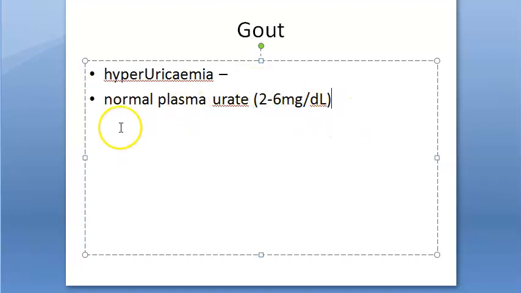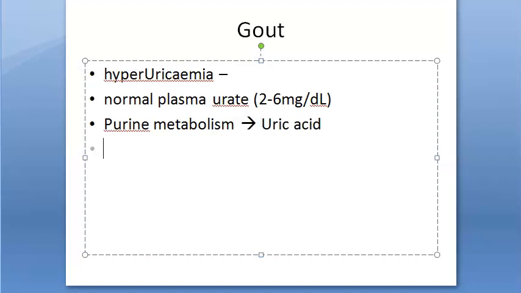Now, what is this uric acid? Where did this uric acid come from? Uric acid comes from purine metabolism. It is a product of purine metabolism. If you are asking what purines are, purines are nucleotides, A, T, G, C, which you have seen in DNA.